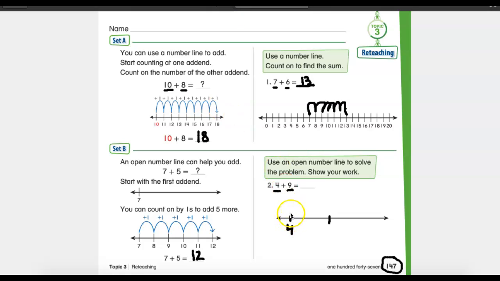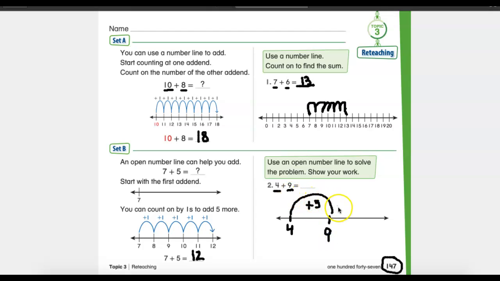So if I'm using 5 and 4 to make the number 9, I could say I jump 5 spaces, and I know that 4 plus 5 is equal to 9.